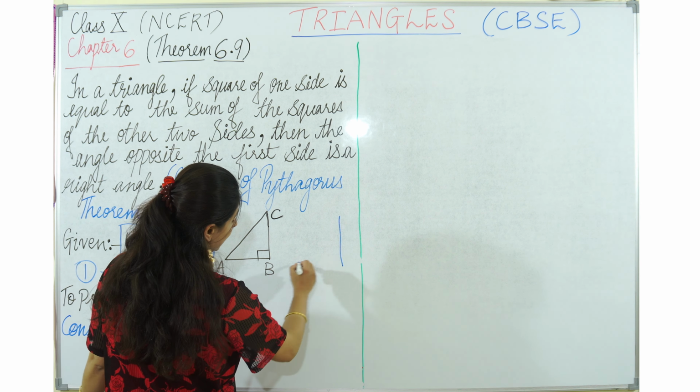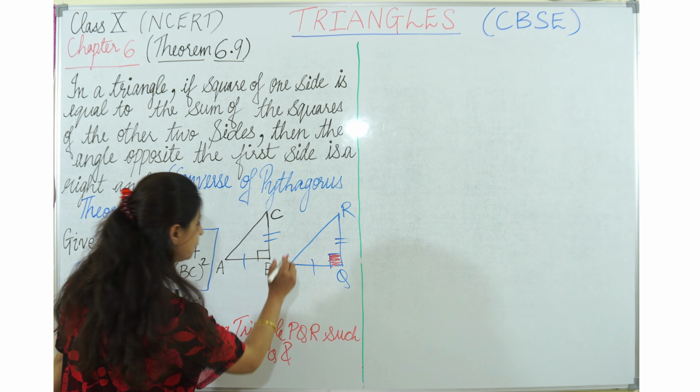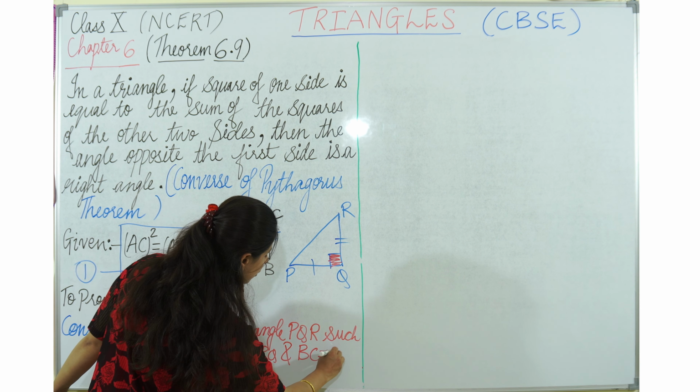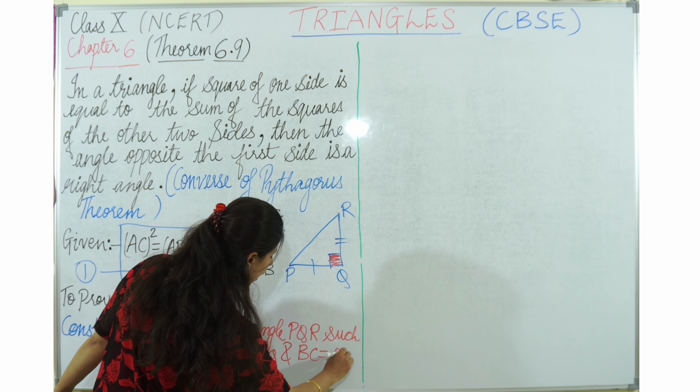So PQ should be of the same length as that of AB, and BC should be equal to QR. So QR should be of the same length as that of BC. Okay, so these are the things we are taking over here.